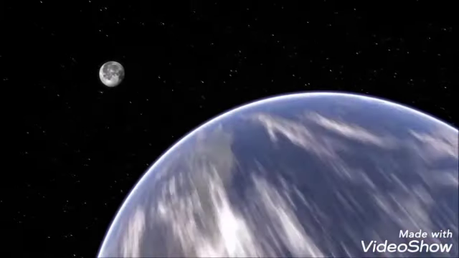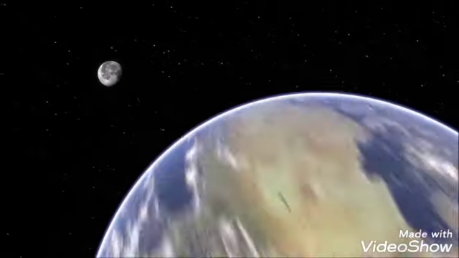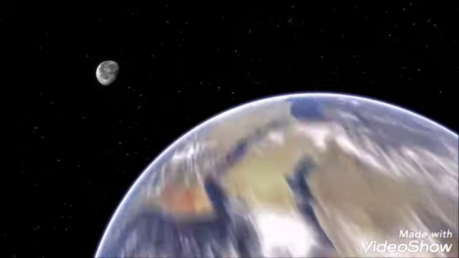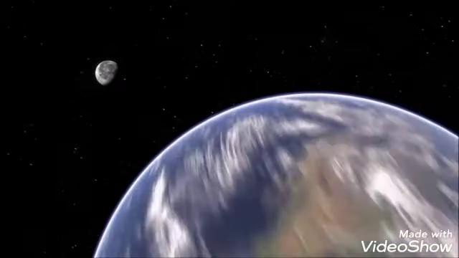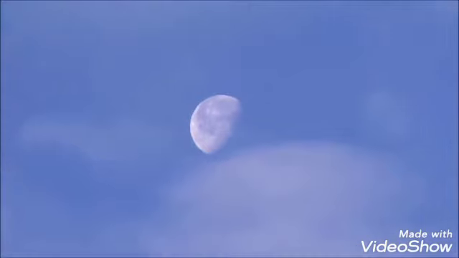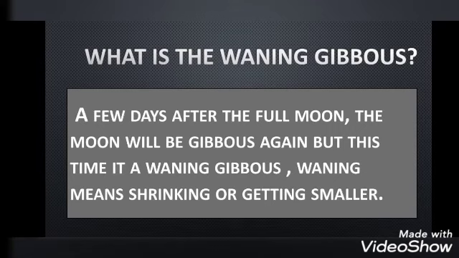A few days after the full moon, the moon will be gibbous again, but this time it's a waning gibbous. So, what is the waning gibbous? Waning means shrinking or getting smaller, and gibbous means that more than half of the moon's face appears bright.